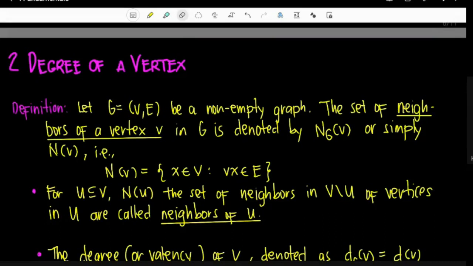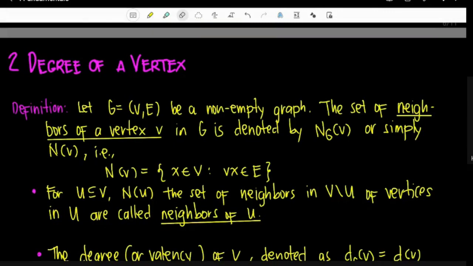In general, if we're just talking of a single graph, we can just denote this as N(V). So, N(V) is the set of all vertices in V that are adjacent to V. So, all x in V such that Vx is an edge in E.